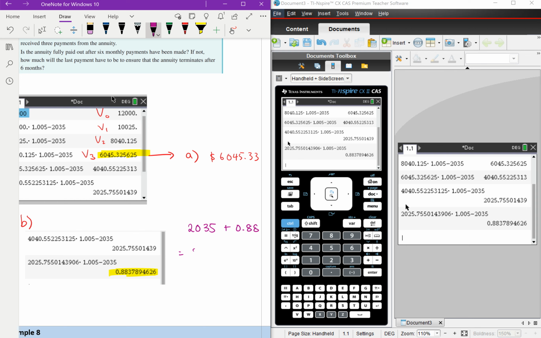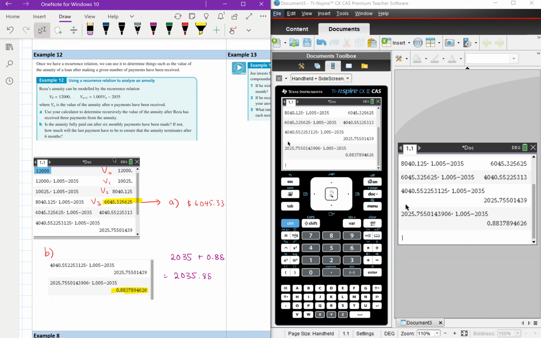So the last payment should be $2,035.88 as the repayment. That's the extra 88 cents. So when they ask how much more to ensure that the annuity terminates after 6 months, it has to be an extra 88 cents in the last one.